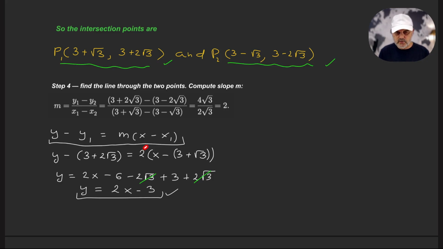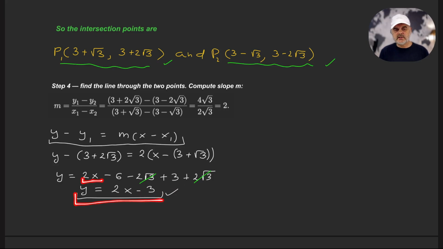So distribute 2 times x and 2 times negative 3 and 2 times radical 3 right here. So you have 2x minus 6 minus 2 root 3 plus 3 from the left side plus 2 root 3 from the left side. Now combine like terms or cancel opposite terms. So negative 2 root 3 and positive 2 root 3 get cancelled. Negative 6, positive 3 gives you negative 3, and 2x stays by itself.